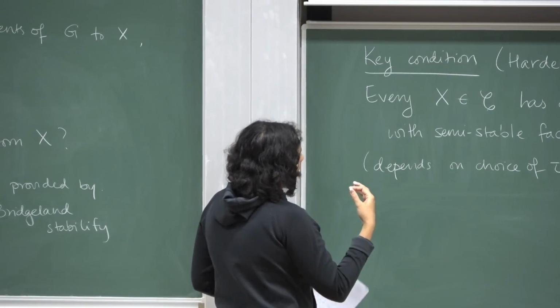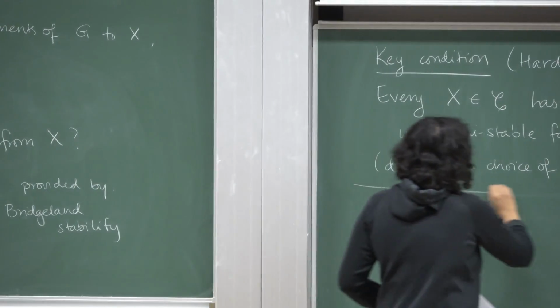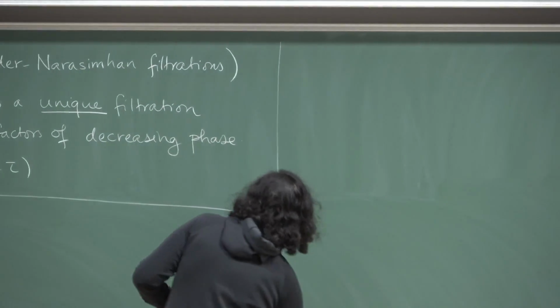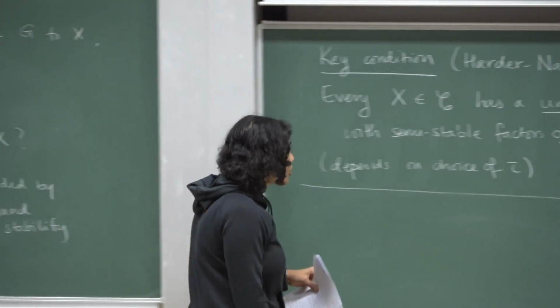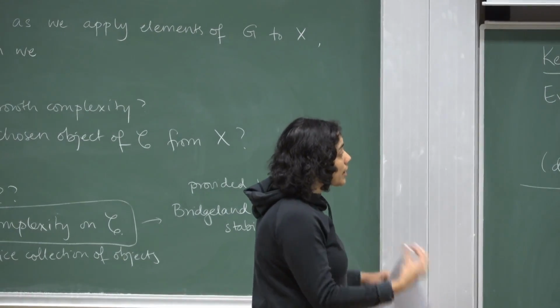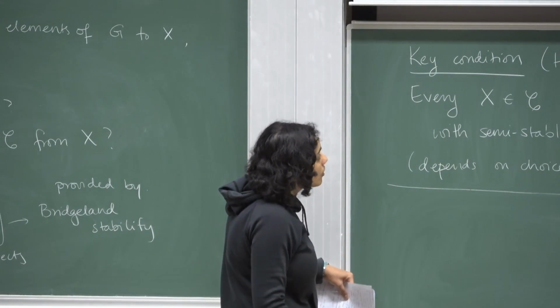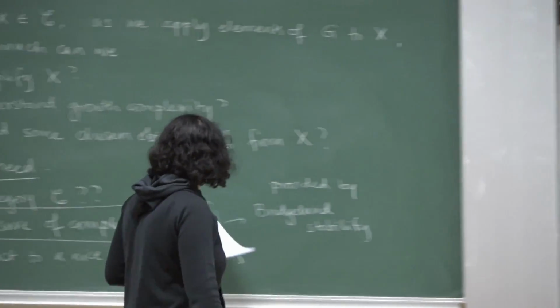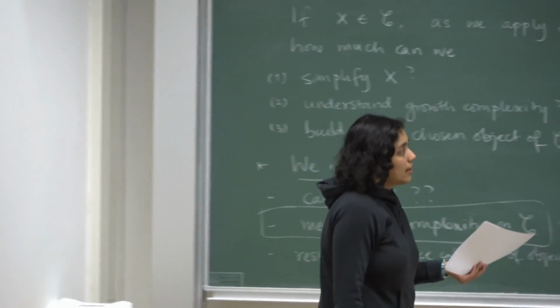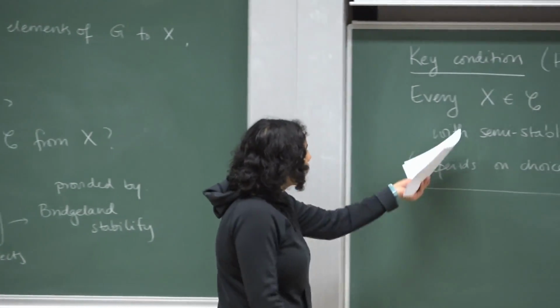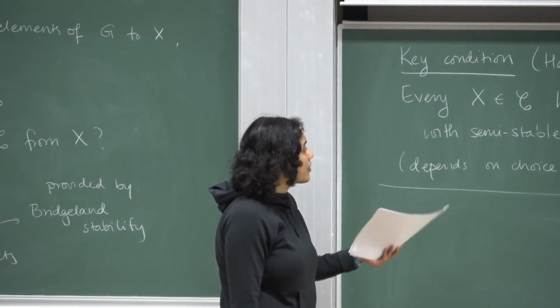So the Harder-Narasimhan filtrations of objects of our stability condition. Before I move on to telling you what the category is, let me point out that with this setup, we automatically acquire some measures of complexity. So you may already start guessing. Every X has a unique filtration with semi-stable factors of decreasing phase.